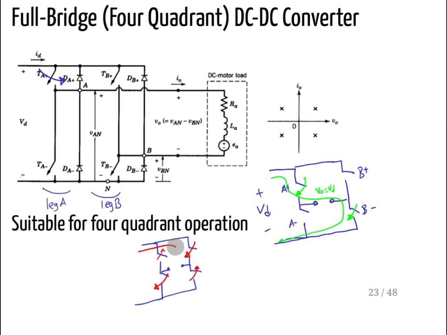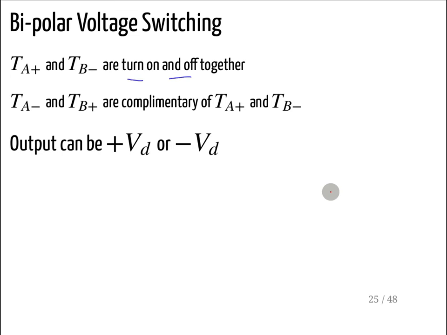So then you will have that kind of voltage, and if this is still VD, so here you can have VD, VO is equal to minus VD.